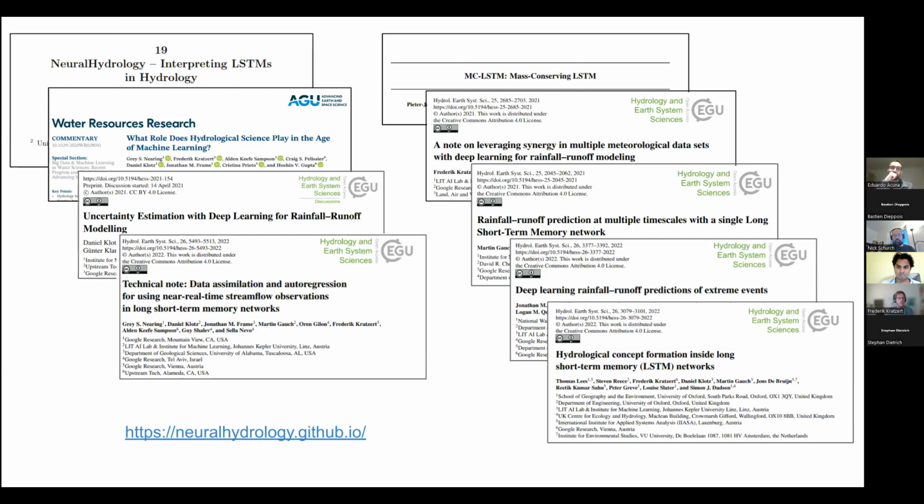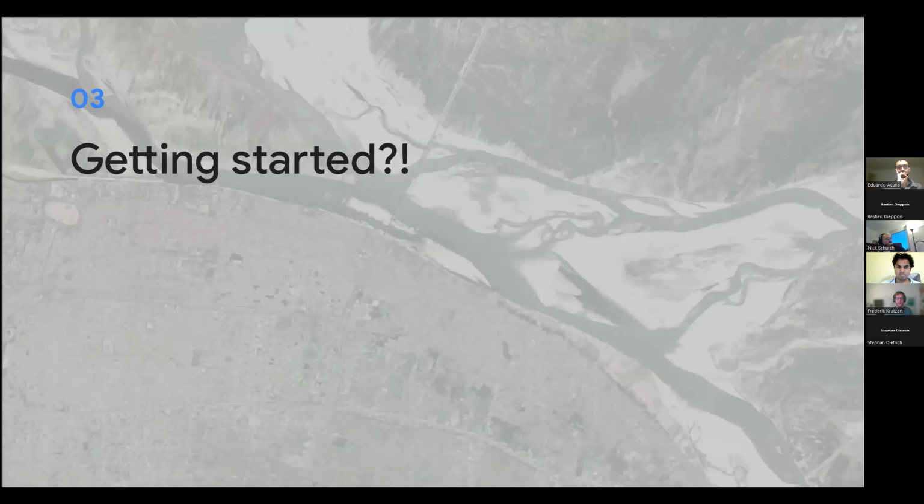We could show that the LSTM not only gets much better performance, but is dynamically learning which data set to pay attention to at which time step in which region. There's a blog linked below where we list all of these publications, and again, if you have any questions, we can talk in the Q&A.